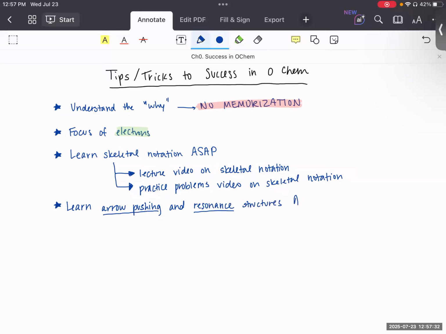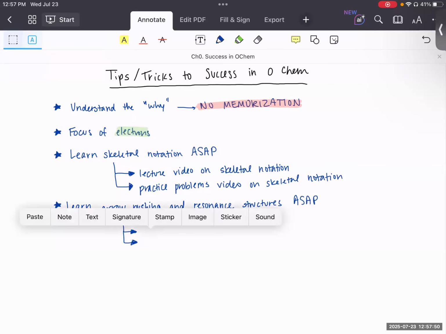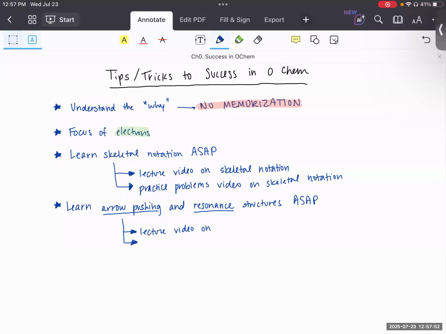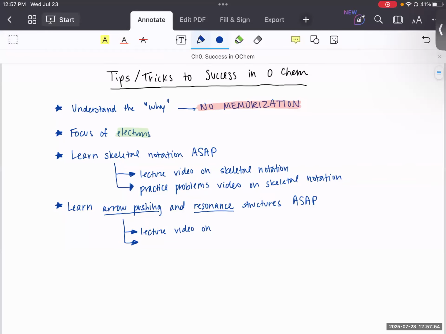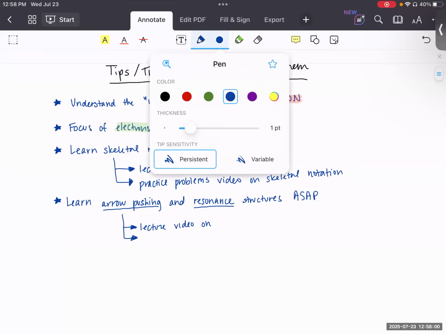It is what explains reactions, what explains what products you form within a reaction, and being comfortable with drawing out those resonance structures and knowing what an arrow is representing is going to be very useful. Similar to skeletal notation, I will have a lecture video on this, and then also a video that goes through some practice problems.